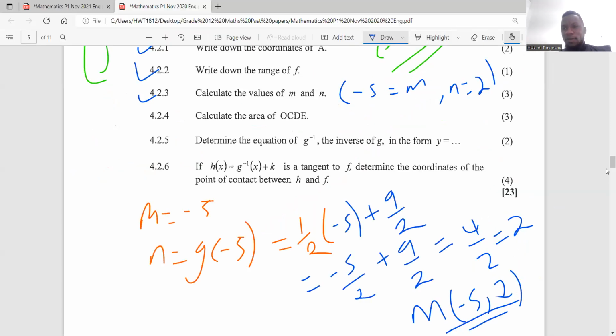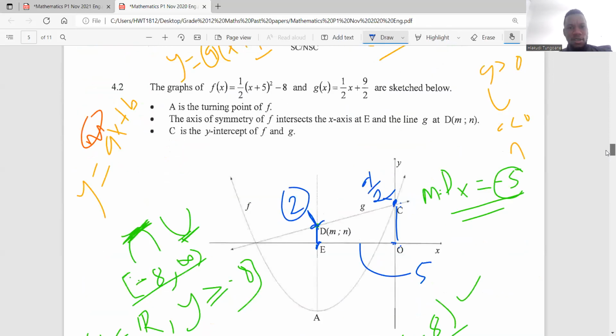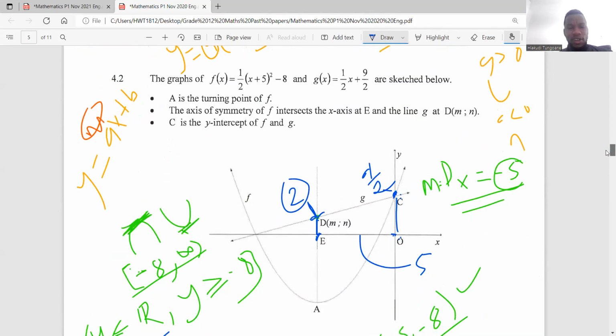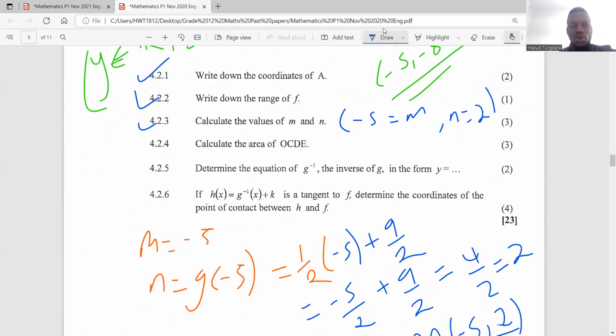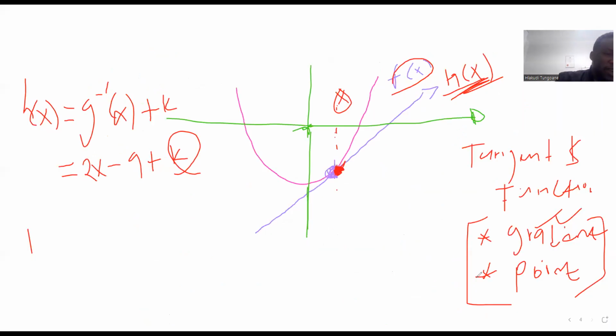We are given f of x equals 1 over (2x plus 5) squared minus 8.